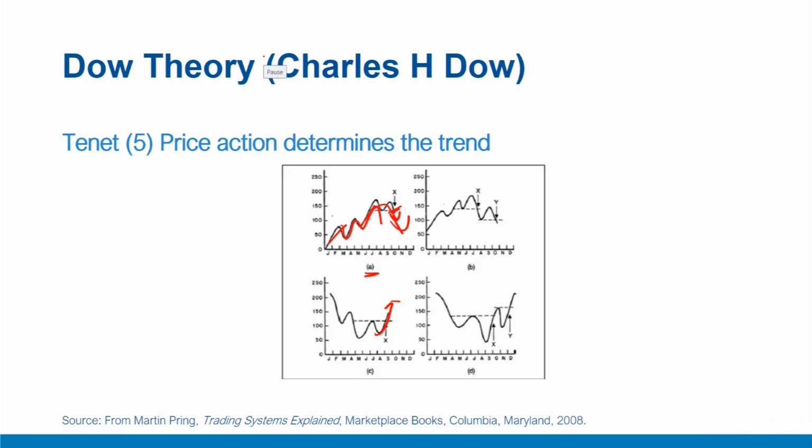In example B, following the third peak in the bull market, a bear market is indicated as the average falls below the previous secondary trough. In this instance, the previous secondary was part of a bull market.